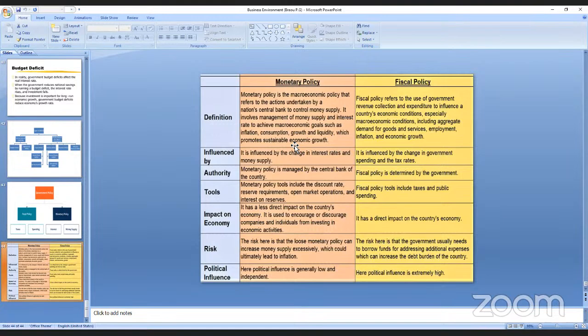This is very important for your essay question: distinguish between monetary policy and fiscal policy. Take it.